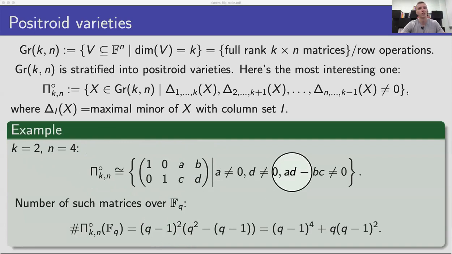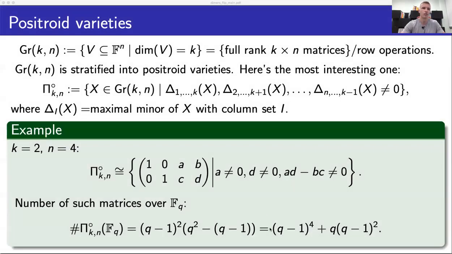But then also BC has to be not equal to AD, and AD is non-zero, so BC has to avoid it. Anyways, you can count the number of pairs B, C, and that's this expression here. And so then it's easy to check that. Let me just rewrite this left-hand side in a more convenient way for me. So that's the answer, how many matrices over F_q in the top Positroid variety.